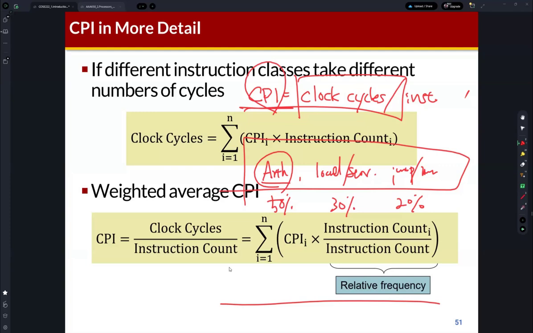And then we can also provide some average CPI for each type of instruction. For example, arithmetic takes 2 cycles, then maybe 5 cycles, and then 3 cycles. Then how can we measure the average CPI?